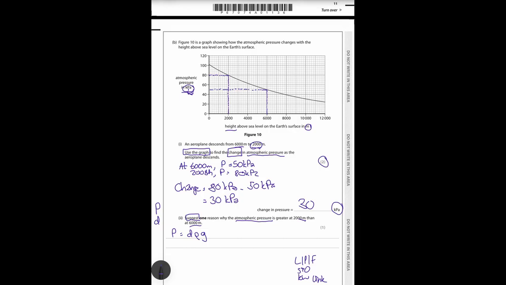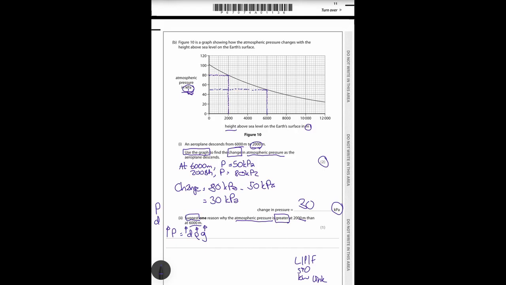Now, I still might not know the answer here, but this question is very nice because it tells me the atmospheric pressure is greater at 2,000 meters. So if it's telling me the thing is greater, because I know about proportionality, I know that either the depth is going to be greater, or the density is going to be greater, or the g is going to be greater. Well, let's have a look at any of those things that I know.